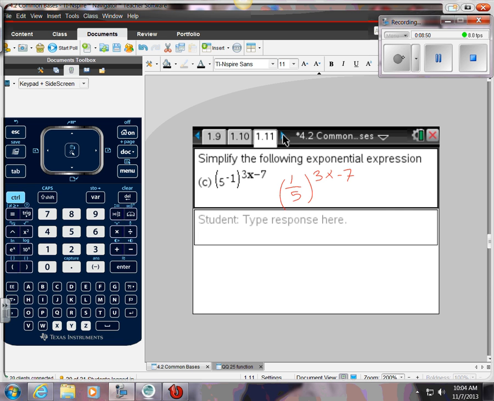Or we could distribute the negative 1. Negative 3x plus 7.